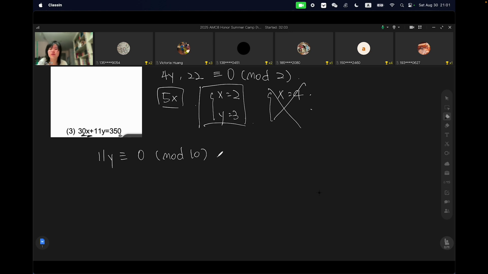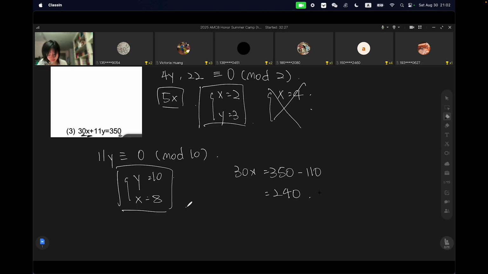And therefore, the first number that y can be is going to have to be 10. So y equals 10, and then we have 110. So 30x equals 350 minus 110, which would be 240. So x equals 8. And that would be our answer for this one.